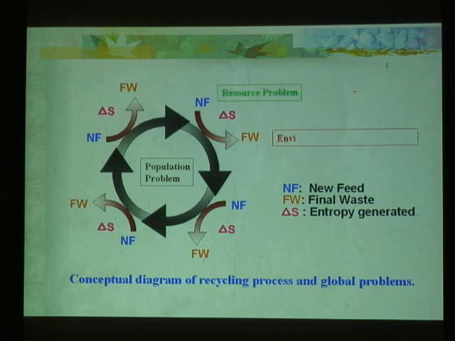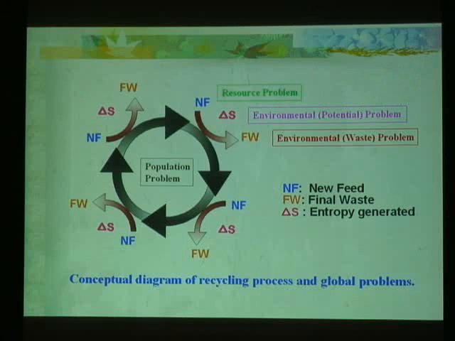Then another one is the final waste problem, the environmental problem. The environmental problem is probably divided into two kinds. One is the final waste problem, such as heavy metals or dioxin generation or something. But another one is this. Another environmental problem is the potential problem.